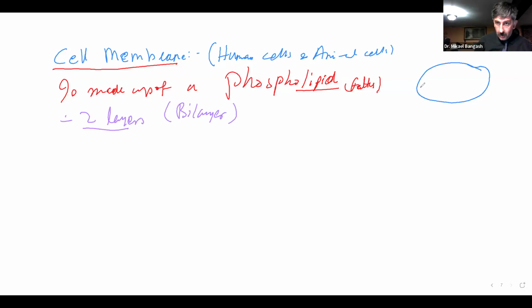So throughout, what we will have is two layers of phospholipid molecules.